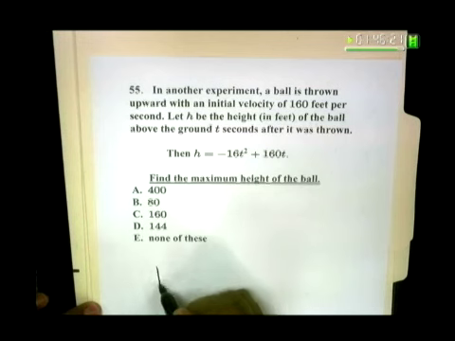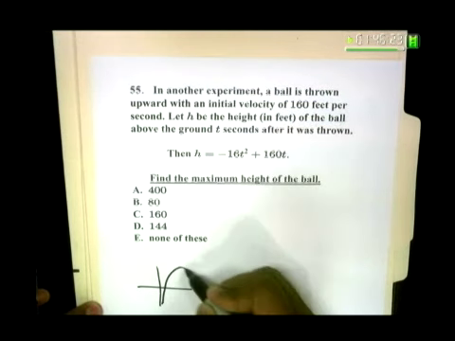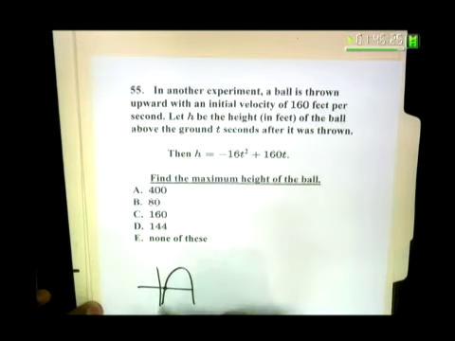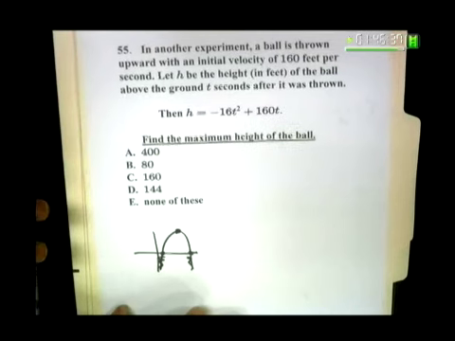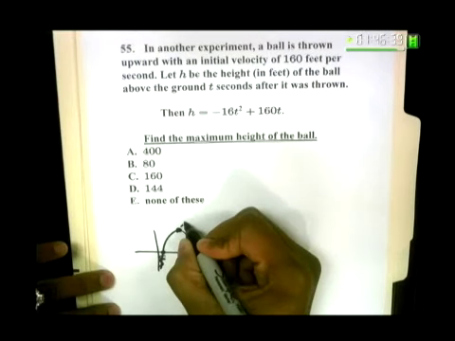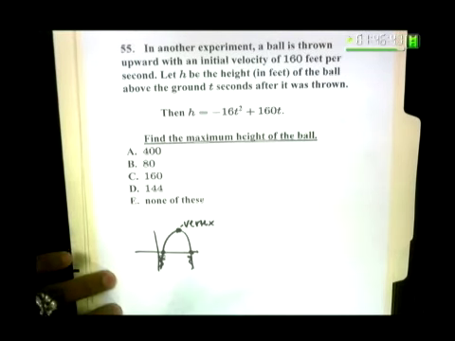which we know how to find. So you can think about it as a parabola that looks like this. And this would be the place where it started. I shouldn't have drawn those parts at the bottom. But we're looking at this point right here. We're looking for the vertex.